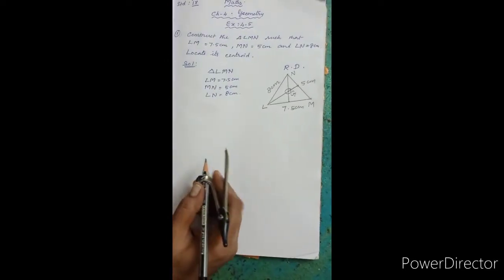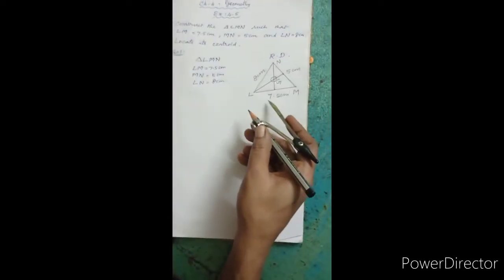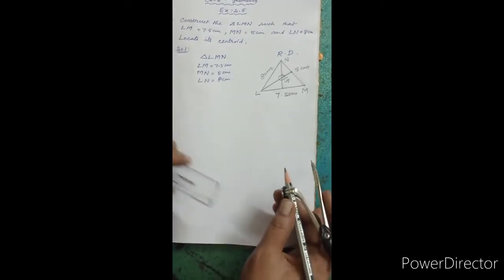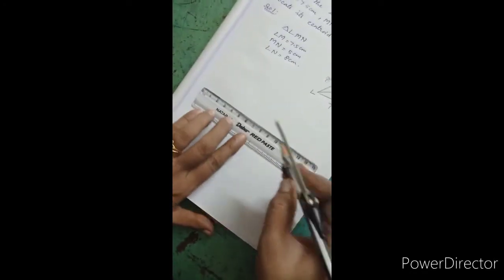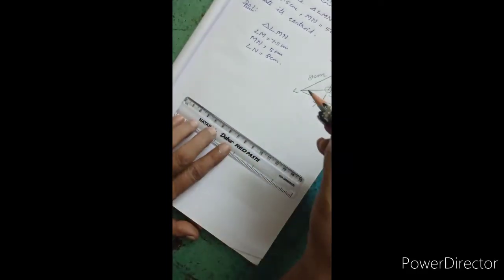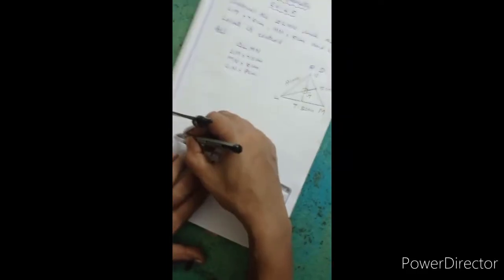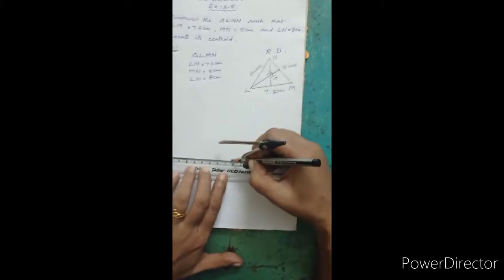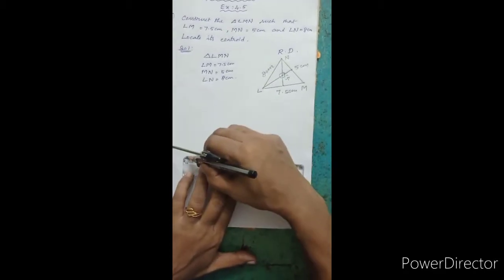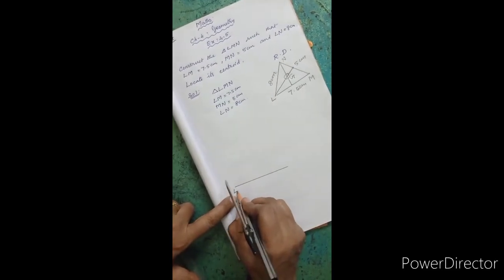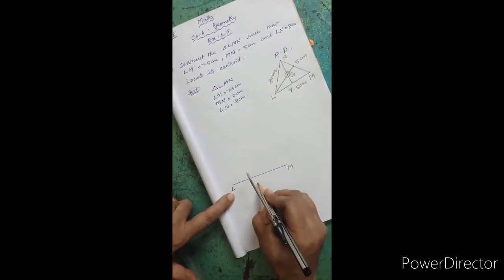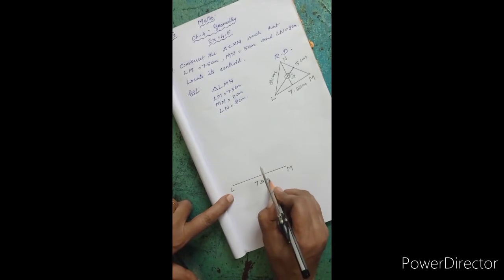Now fair diagram. First draw a line segment for measure 7.5 centimeter. LM measure is 7.5 centimeter.